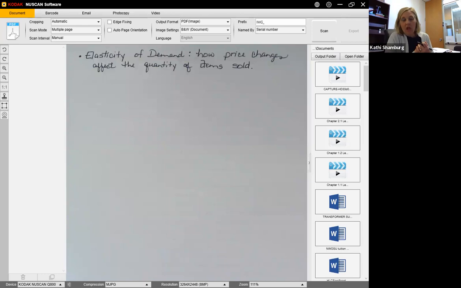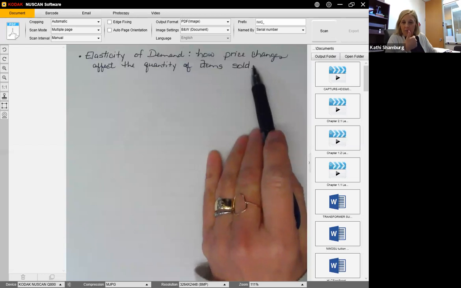Here's an example. I like white chocolate mocha coffees at Starbucks. I typically get a venti, which is the largest one, which I shouldn't, but the price of that was like $5.75, and it just recently went up to $5.95. So that price change went up.